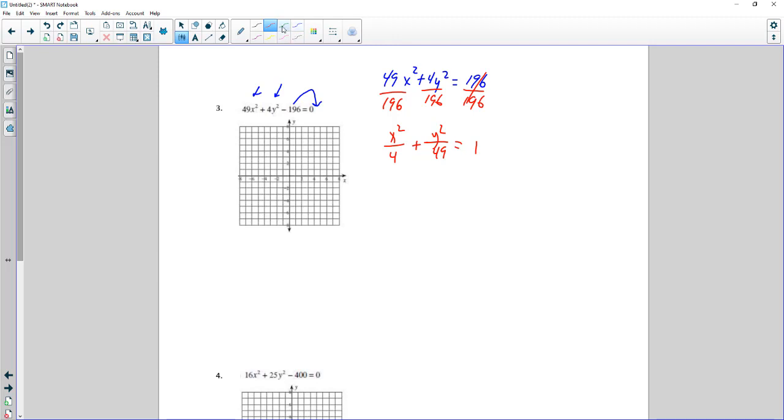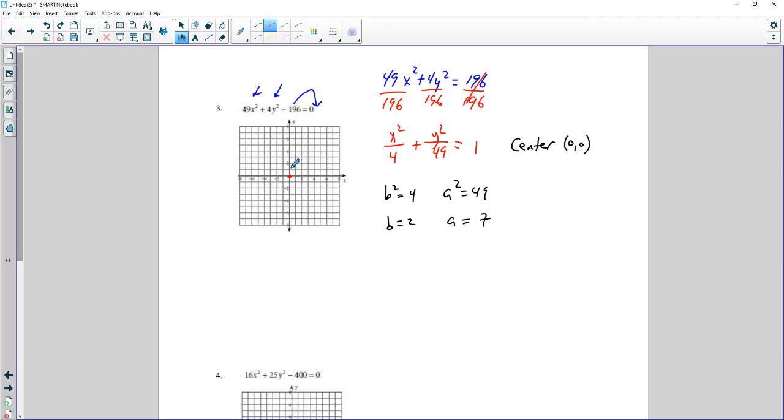Now this is really easy to graph, because I know that my b squared this time is 4, which is the smaller of the two, and my a squared is 49. So b is going to equal 2, a is going to equal 7. The center is still going to be 0, 0. Major axis is what? This bigger number is underneath y, so it's along the y-axis.